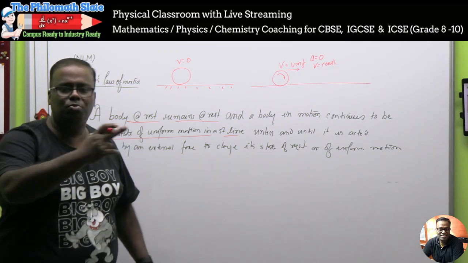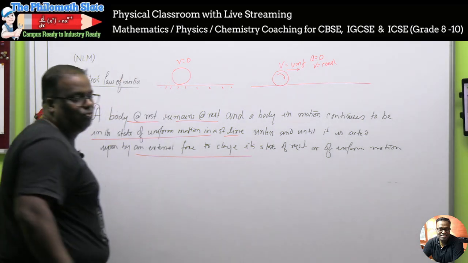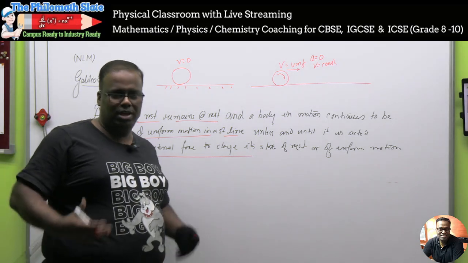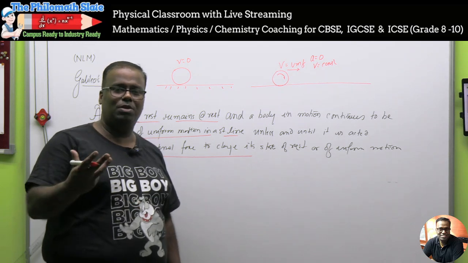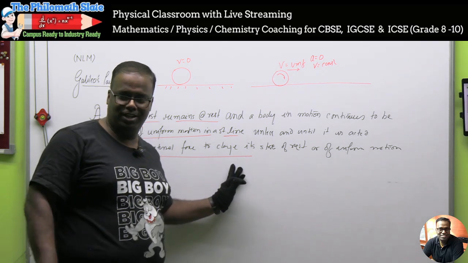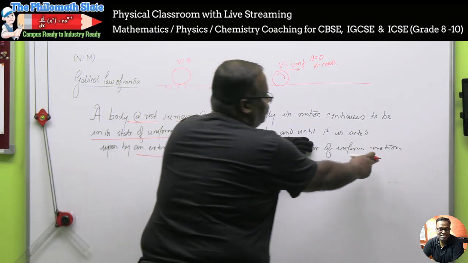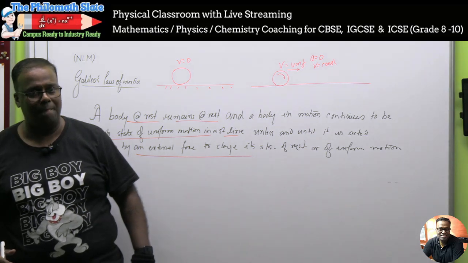It does not continue in its uniform motion because it is acted upon by an external force, that is the friction of the grass, the gravity, the weight of the ball, the air resistance. All of them are acting on it and changing its state of uniform motion.